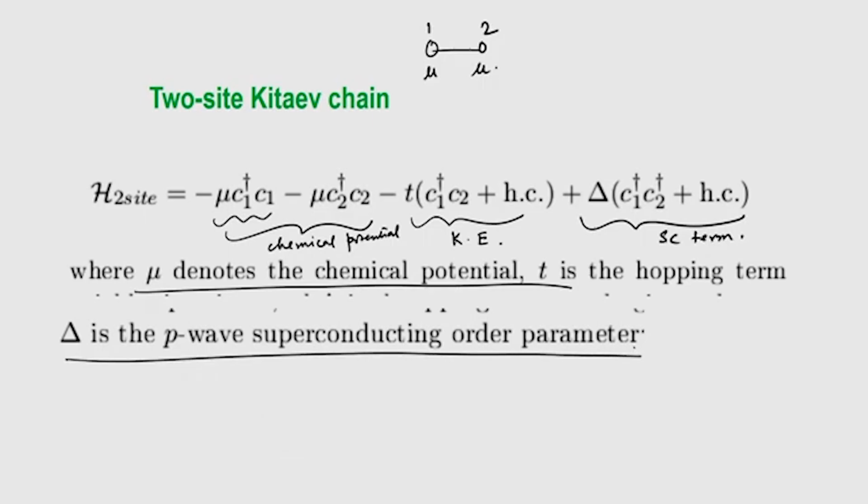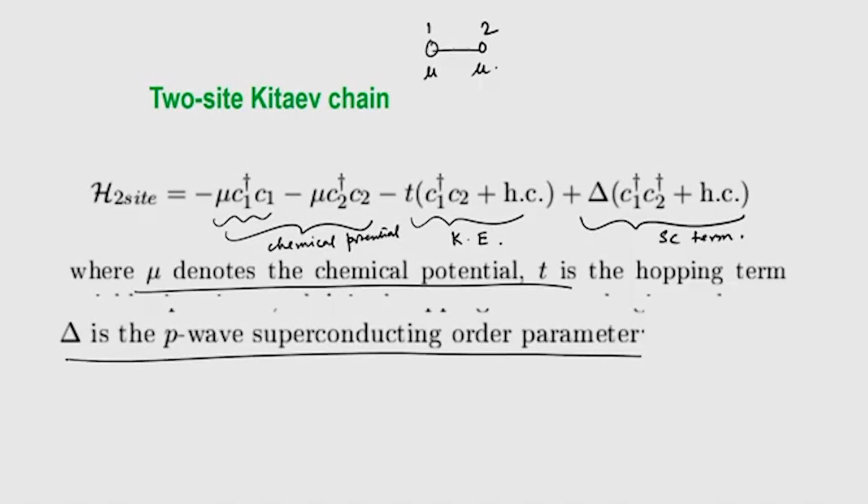As I said earlier, P wave superconductivity is not very common in nature, in fact very uncommon. Probably there is just one realization of P wave pairing, but for the sake of studying an interesting model which gives rise to topological properties, we assume a P wave correlation.